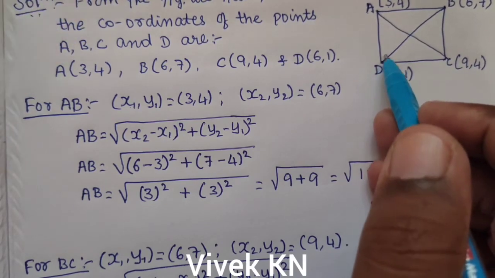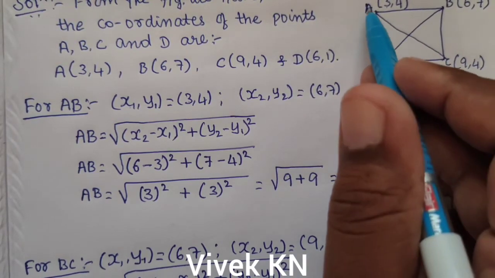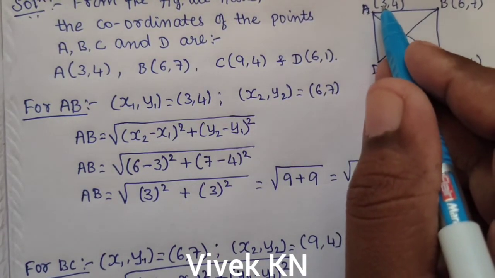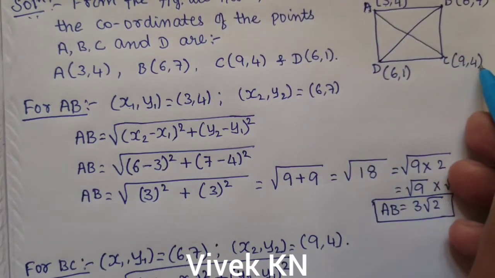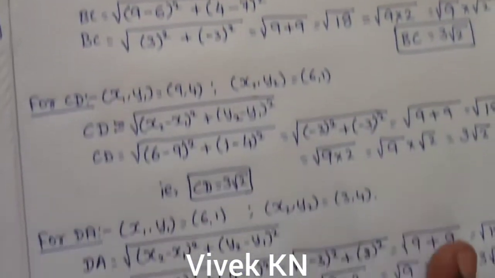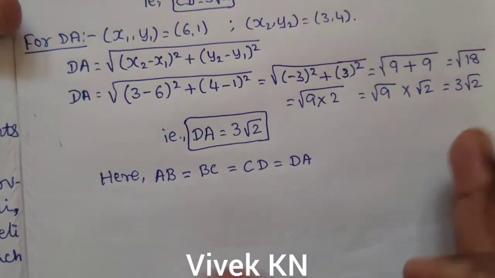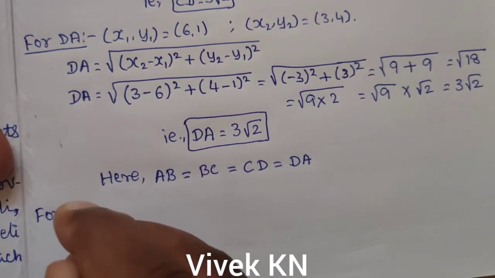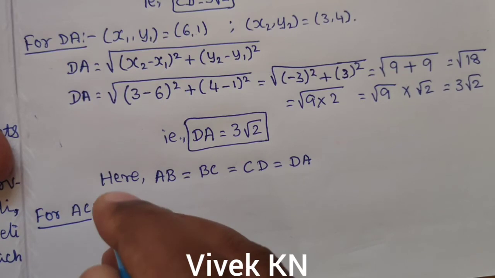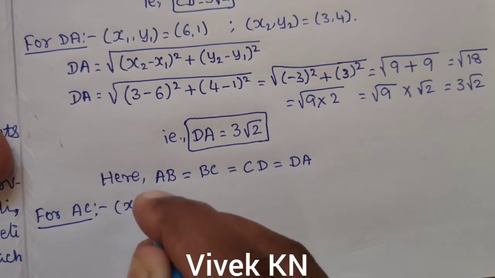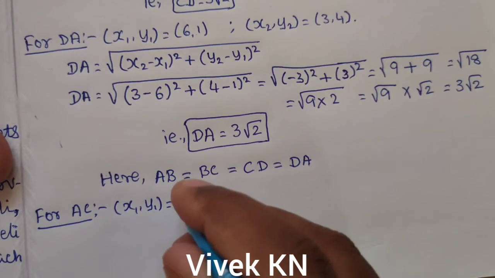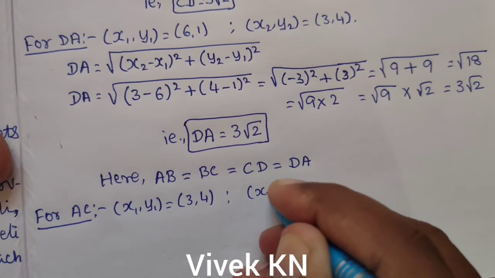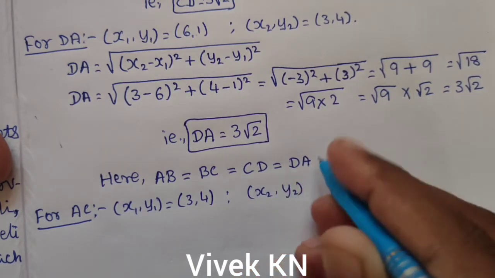So first let us calculate the distance between the points A and C. For AC, this is x1 y1 and this is x2 y2. For AC, x1 y1 is 3, 4, x2 y2 is 9, 4.